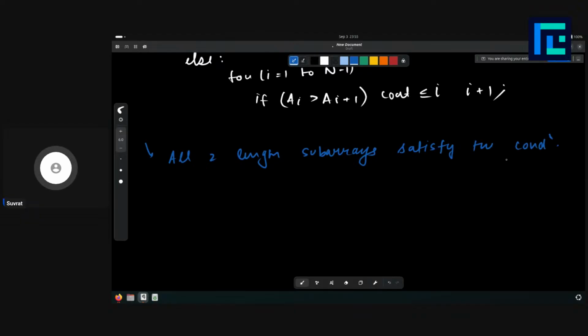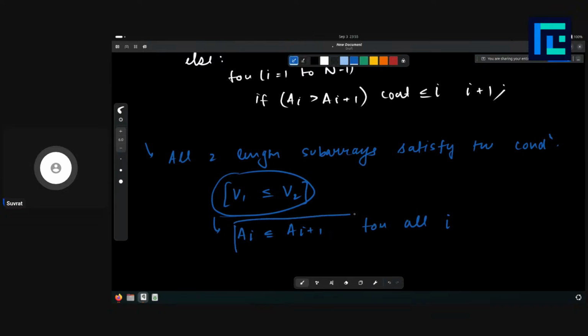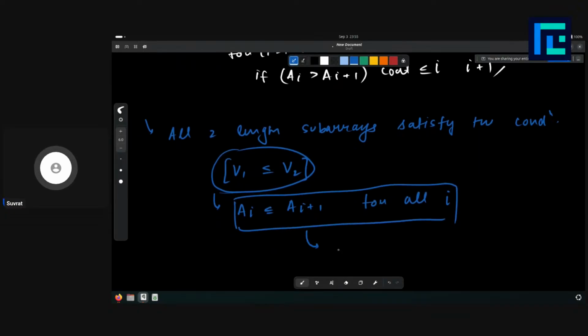So what does this mean? For all two length subarrays, v1 is always less than or equal to v2, right? So that means for all i, ai would be less than or equal to ai plus 1. So if all two length subarrays follow this property, then this will be true. And if this is true, then that means that the array is sorted.